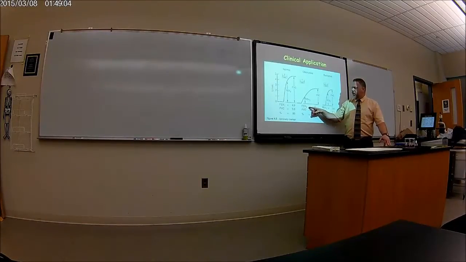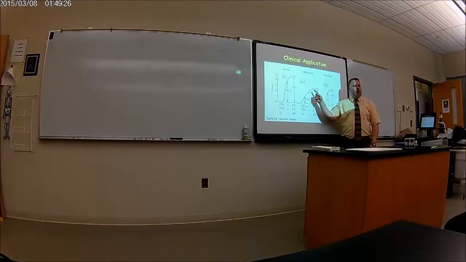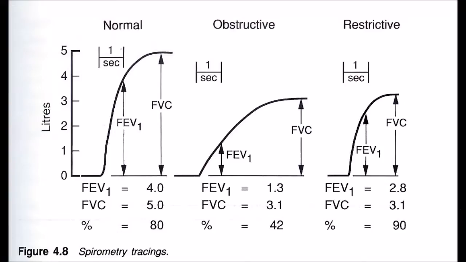But here, FEV1 is 1.3, FVC is 3. So now you can just do 1 divided by 3, you get 42. So this is less than 80. So this has got to be an obstructive disease. Does that make sense? Is that how you use this? All right? Don't just memorize the number. You've got to understand how to read these things for the practical. Okay?